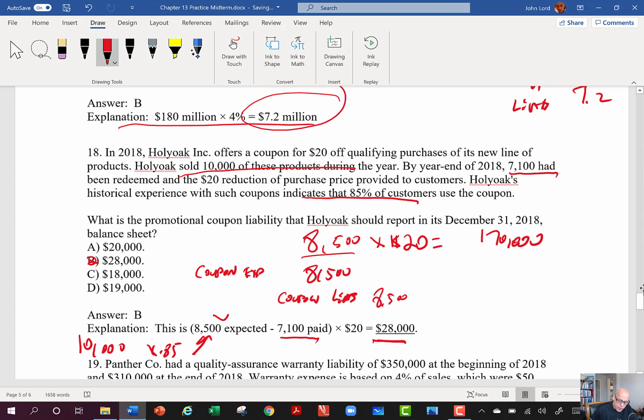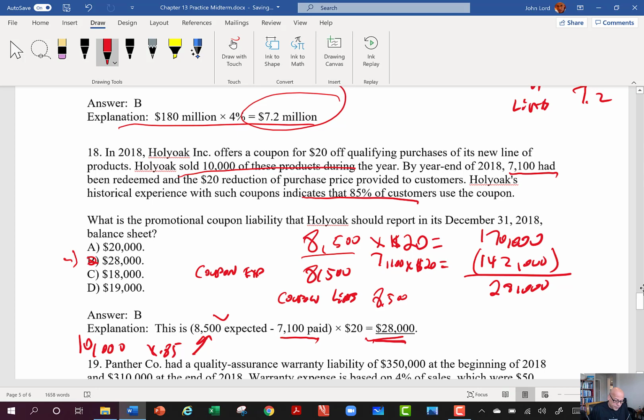So for the 7,100 that got redeemed, the 7,100 times the $20 means that there was 142,000 redeemed, meaning there's still the 28,000 left, which is the answer to this question, because that means there's still liability for the 28,000.